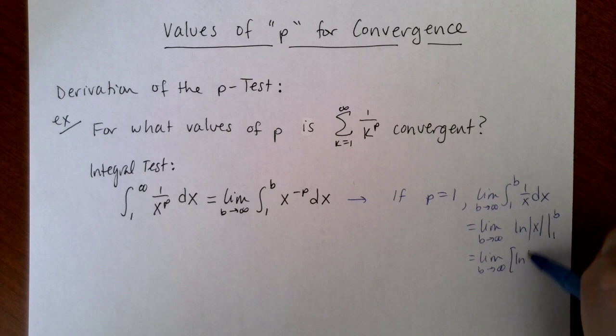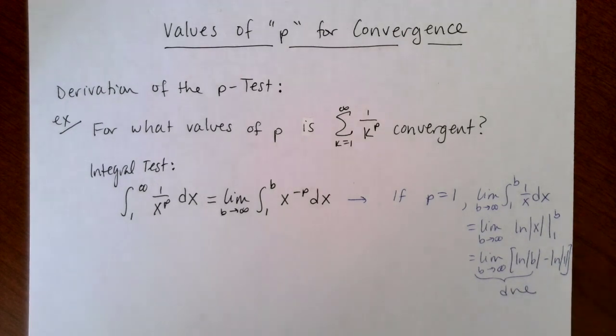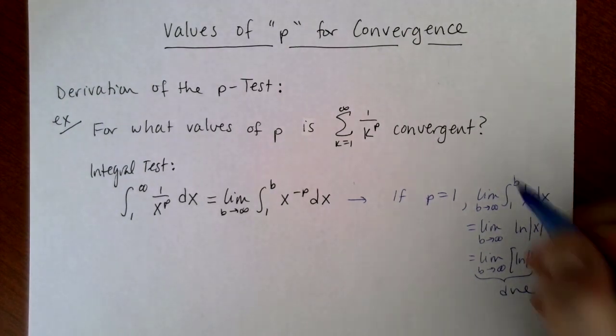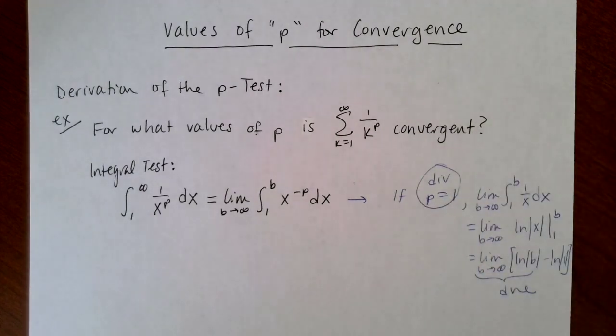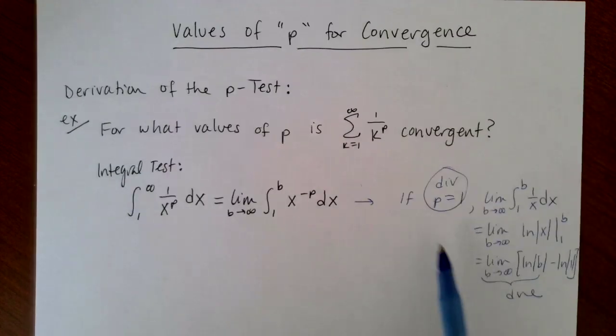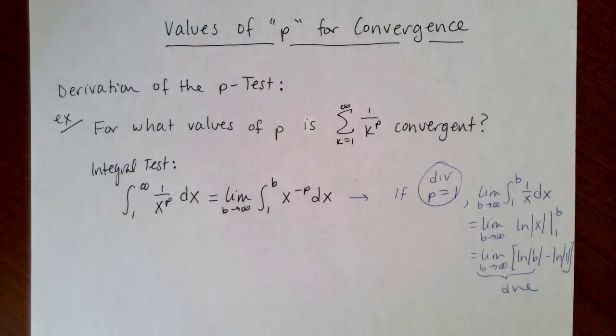So this would be ln of b minus ln of 1. And this limit does not exist. This limit goes off to infinity. So p equals 1 is going to get lumped in with the diverge category. We've kind of just computed it as its own case, decided diverge. So whatever we decide p needs to be convergent, we're going to exclude 1 from that answer.